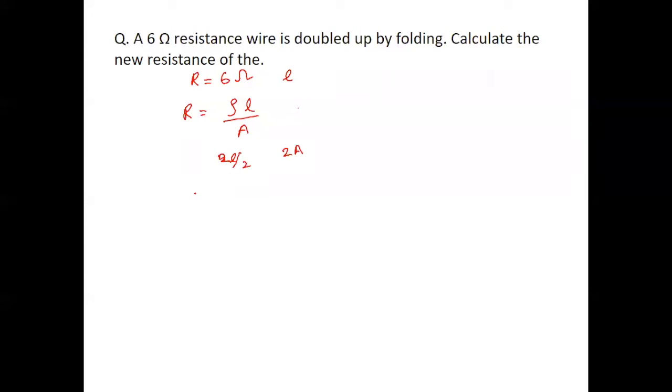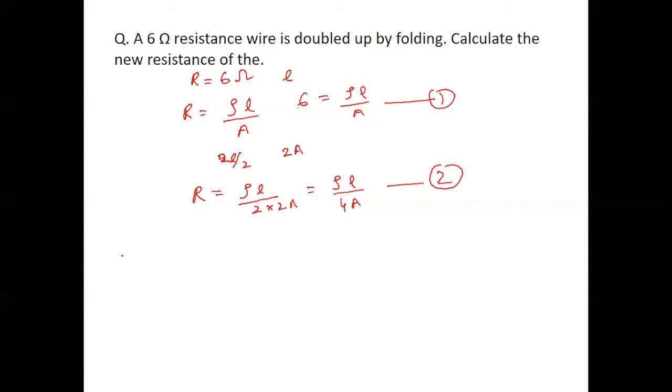In the second case, R equals rho L by 2 and area is doubled, so rho L by 4A. Here it is 6 equals rho L by A. This is the first, this is the second equation. Now we can divide equation 2 by 1.